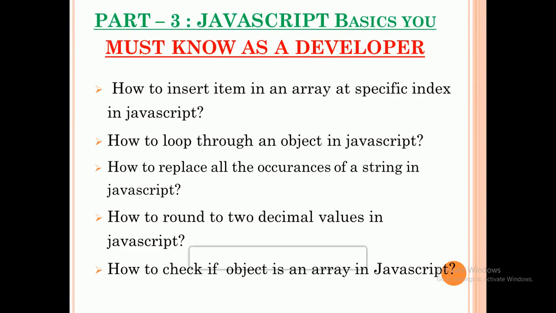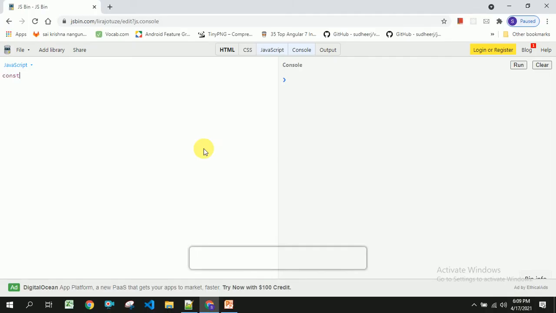So the fourth one is how to round to two decimal values in JavaScript. So for this I am going to take some round value, arrow function syntax, and call that by using the name, and here I am going to take some value, that is 1.83, and I am going to round it to two decimal values, that is I have to get the output as 1.83.